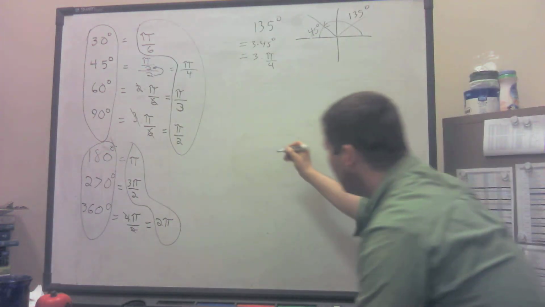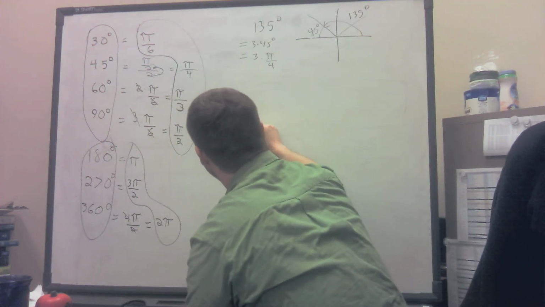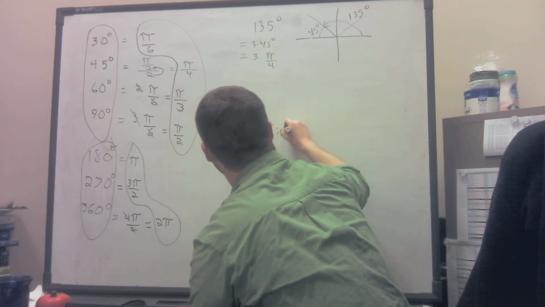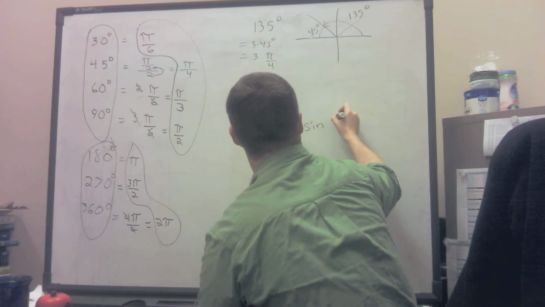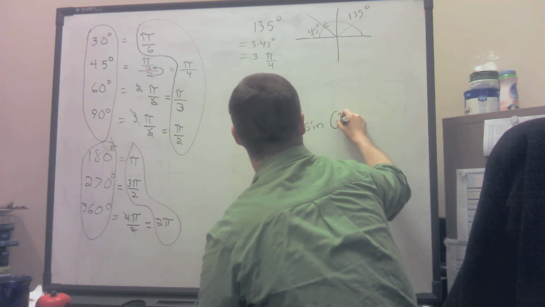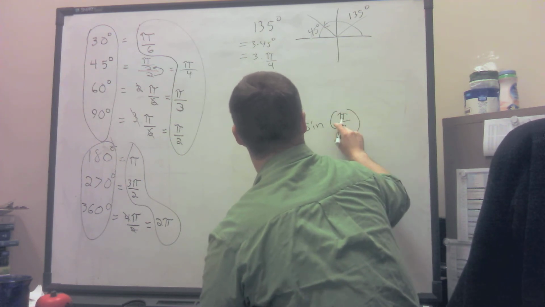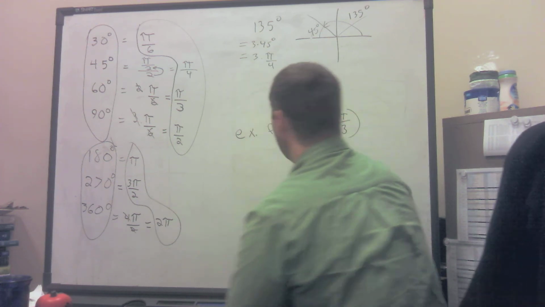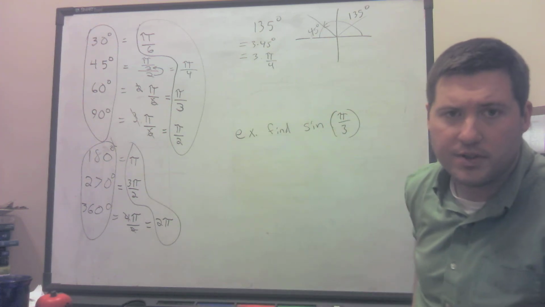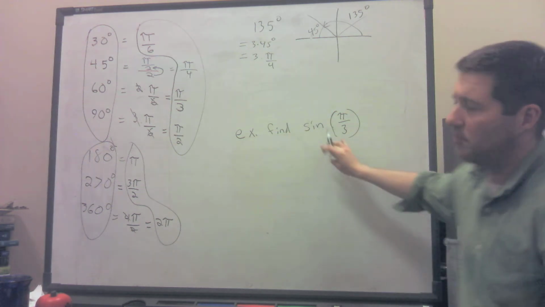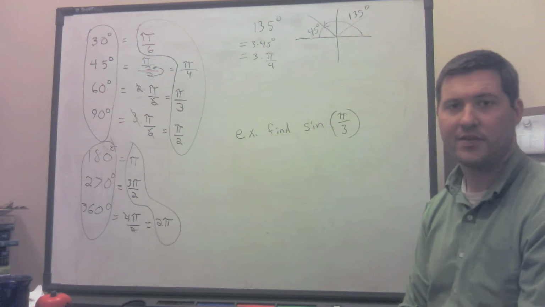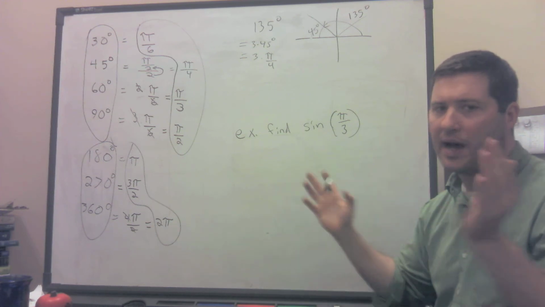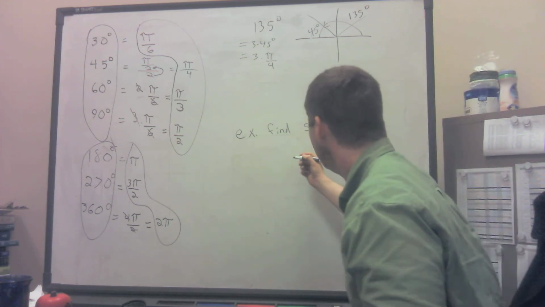So for example, find the sine of pi over 3 radians. Now, looking at this, having never done radians, you may be terrified, but you shouldn't be.